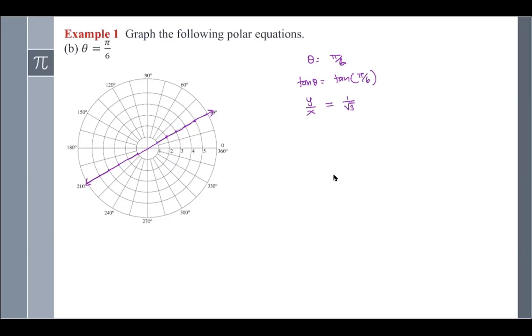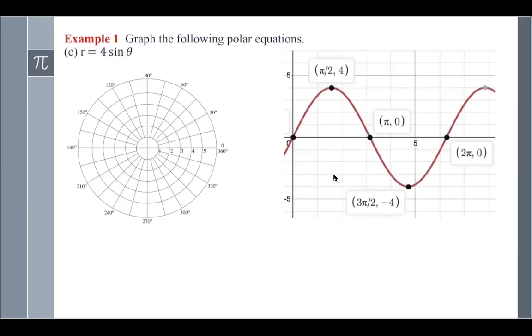If we multiply by x on both sides, we get y equals 1 over the square root of 3 times x. This has the form y equals mx, which is a line passing through the origin.